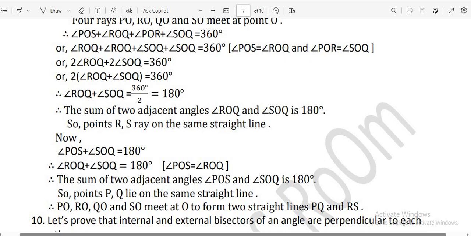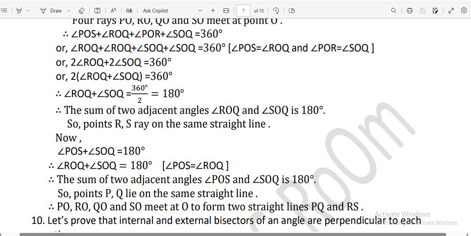Therefore angle ROQ plus angle SOQ is equal to 180 degrees. By the concept of opposite angles, POS is equal to angle ROQ.